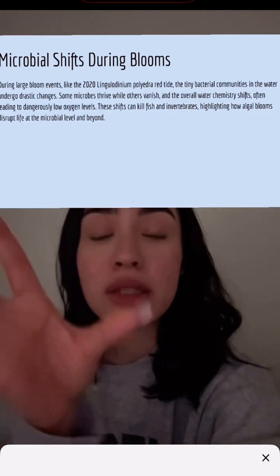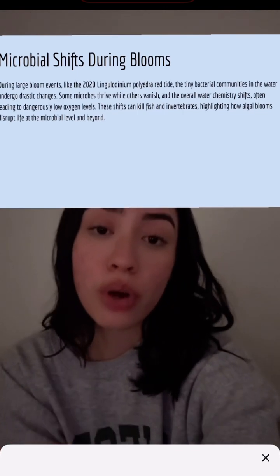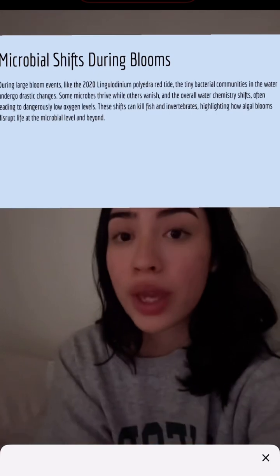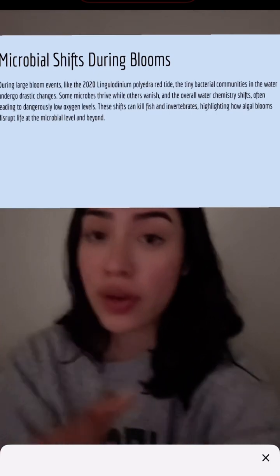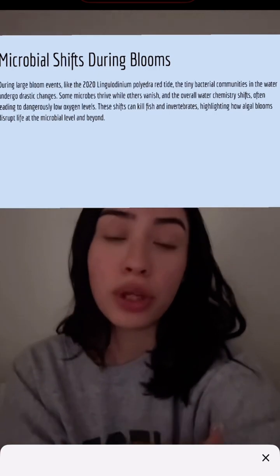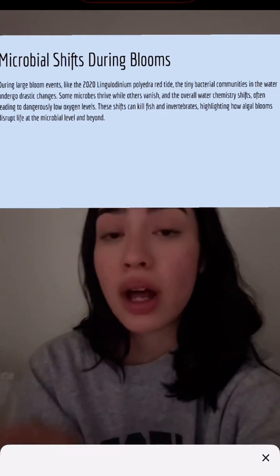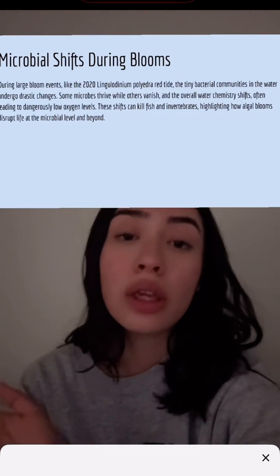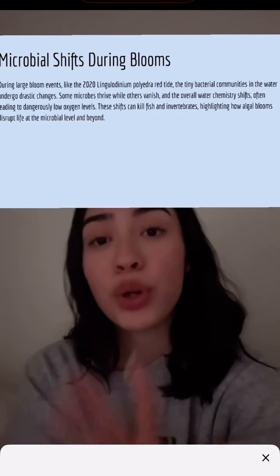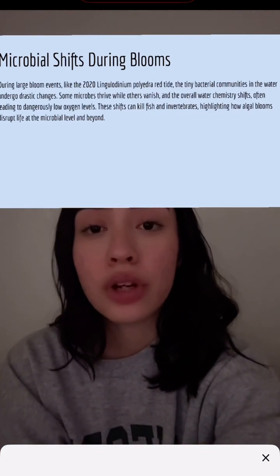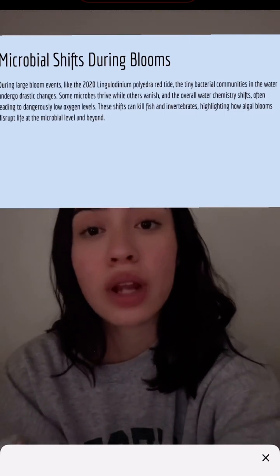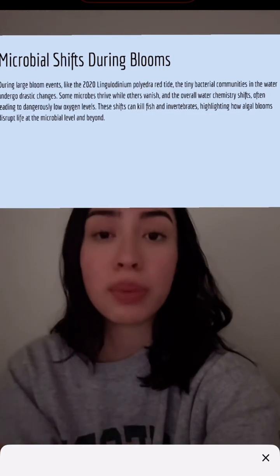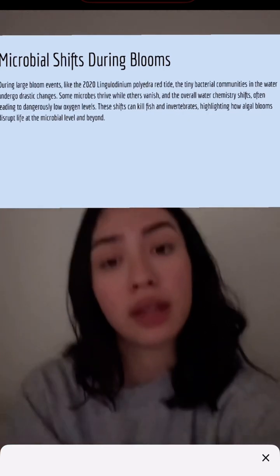So basically, when the waters get warmer or when there's an overproduction of waste, or for example the LA fires, that was a huge contributor to why algae blooms are now overproducing, as well as the sewage from Tijuana. All of that is like the perfect environment for algae bloom to create, especially since we're now going into the summer. It's the perfect environment for it to thrive and multiply and even mutate.